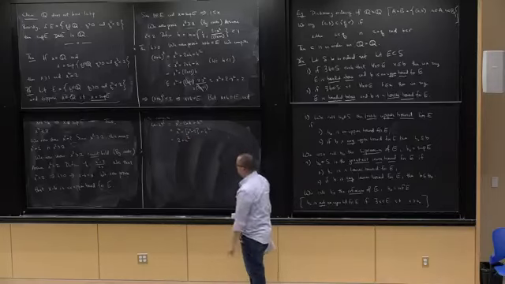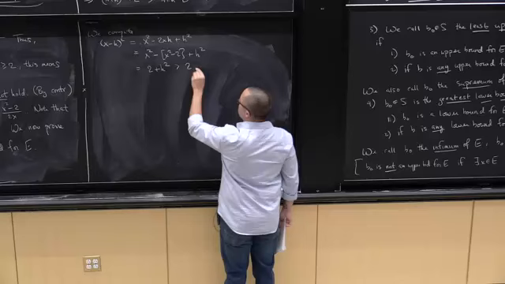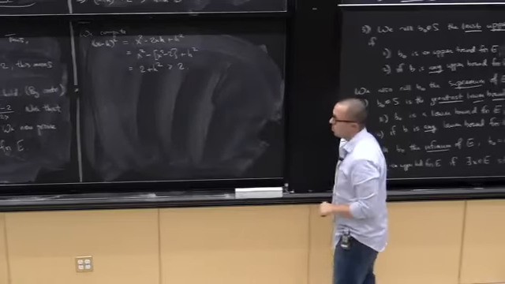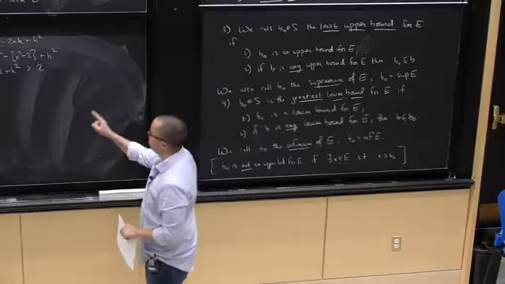Now remember, h is a positive number, so 2 plus a positive number is bigger than 2. So x minus h squared is bigger than 2.